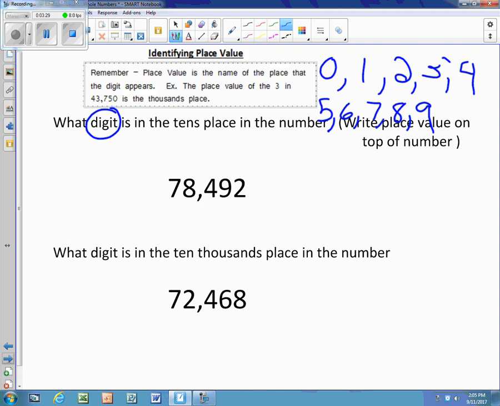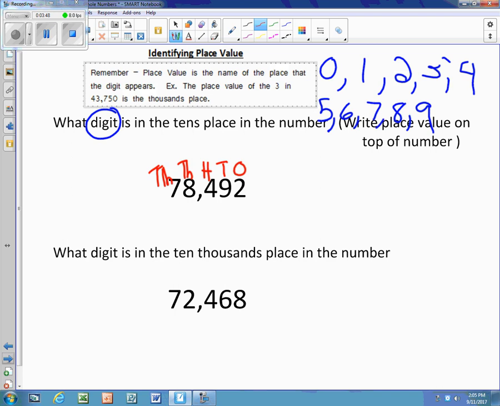There are my digits. So if I'm someone who forgets my place value, then right above this, I can write my place value chart by singing ones, tens, hundreds, thousands, 10,000s, 100,000s, then comes millions.